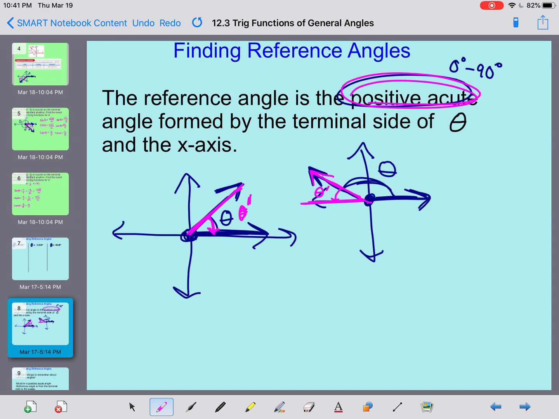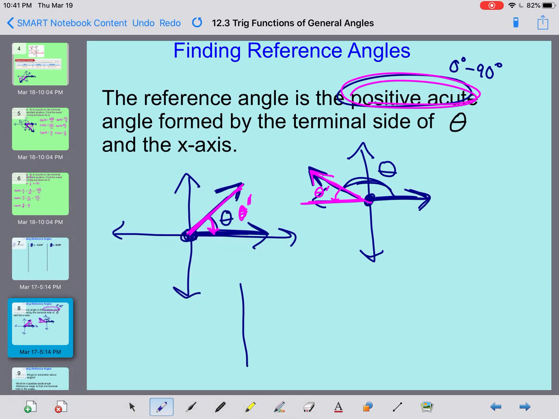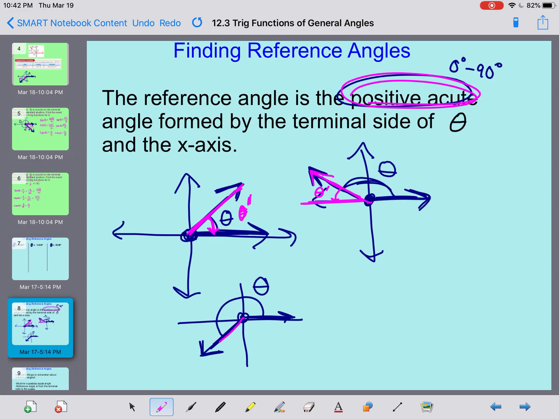And we can repeat this for all the quadrants. I guess I should do that for you guys. And you'll notice that these are all your bow tie angles. So initial side, terminal side, here's theta, that big angle. By the definition of reference angle, we find the terminal side, which is this. Go straight to the nearest x-axis. So this pink angle is your reference angle.